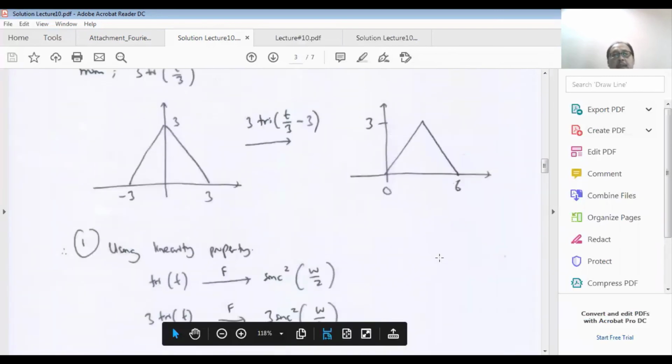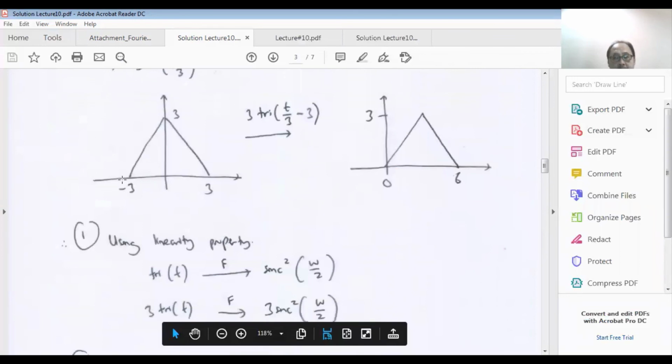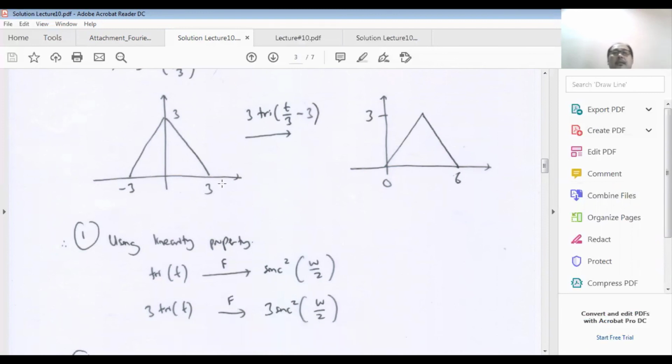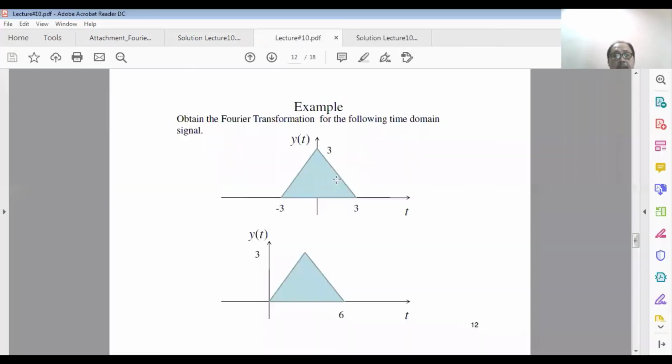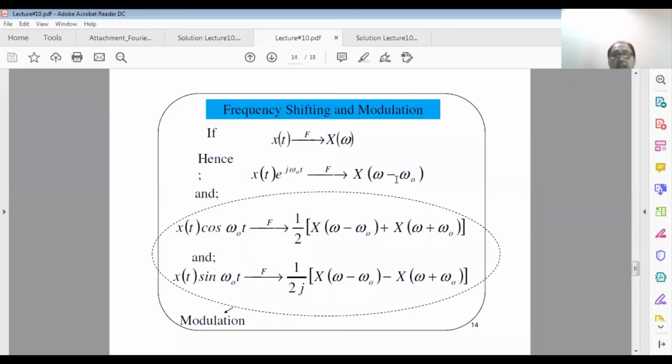That should be the answer for this example where the signal is shifted by 3 units to the right. I hope you understand the properties of time scaling and time shifting. After this, we're going to proceed with the next properties, which are frequency shifting and modulation. Thank you.